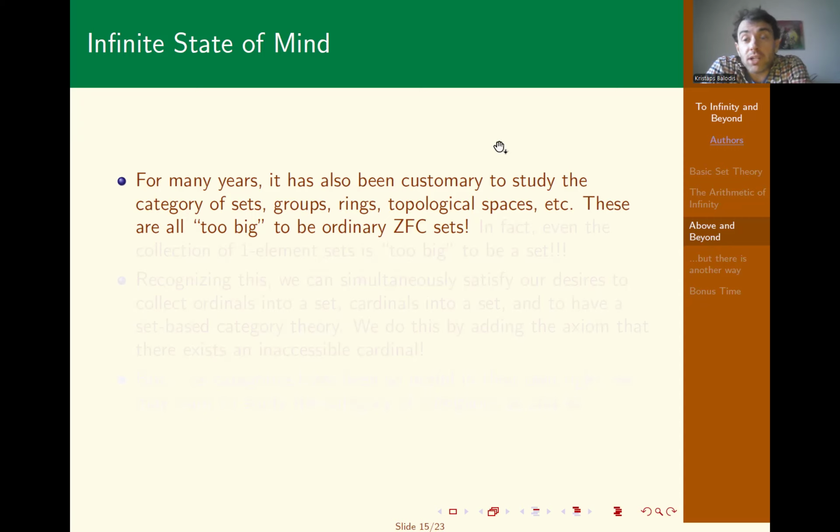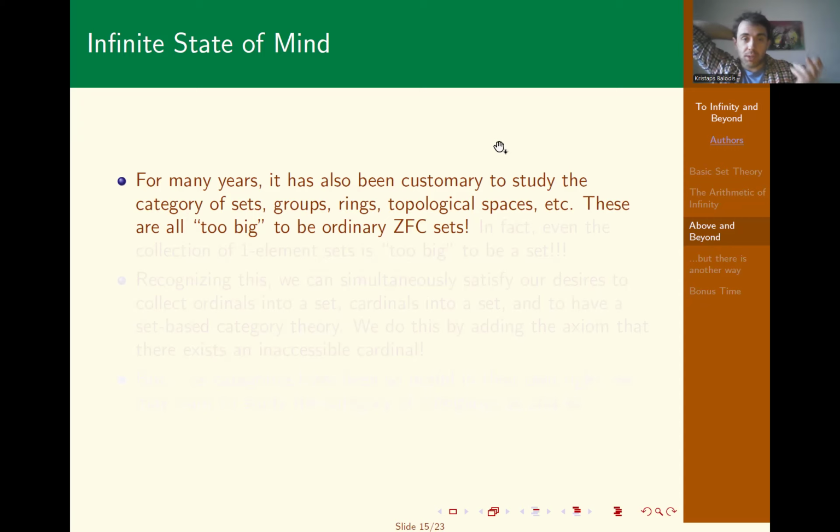But then it becomes very natural to think about the collection of all topological spaces, right? So if you're familiar with the concept of the fundamental group of a topological space, you can view it as a function of sorts that takes in topological spaces and spits out groups. Normally functions we think of as having a domain and a codomain, so it has some set that it eats elements from and spits out elements into.